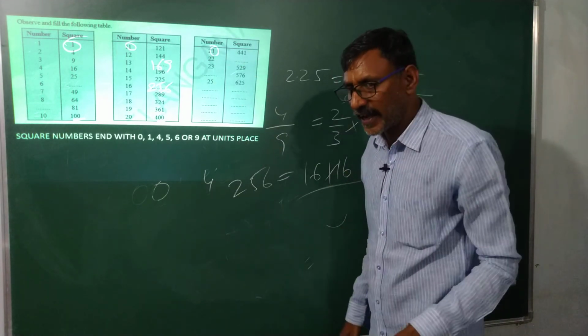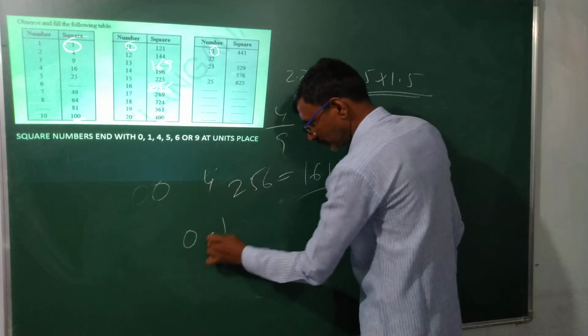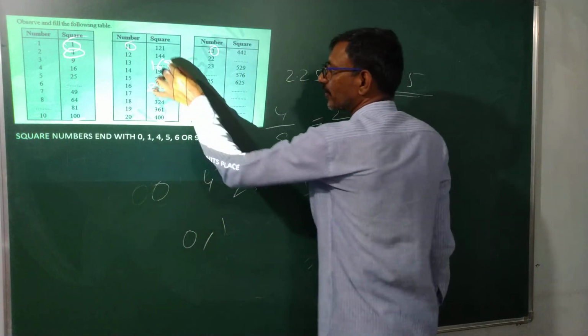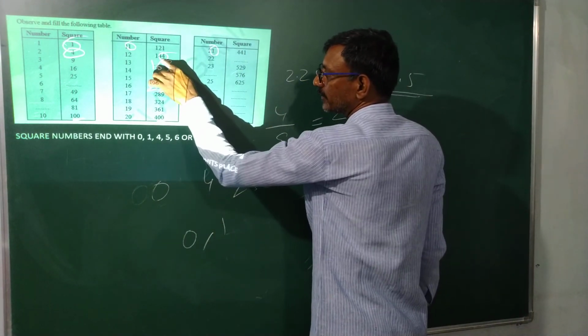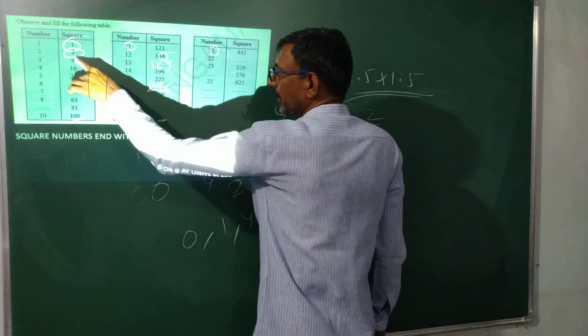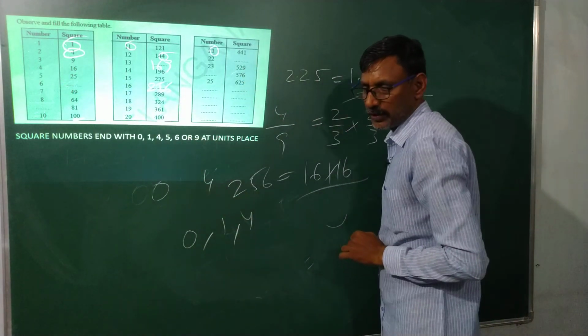That means a square number ends with 0 or 1. Next, 4. See 12 square is 144, ending in 4. Here two 2s are 4.